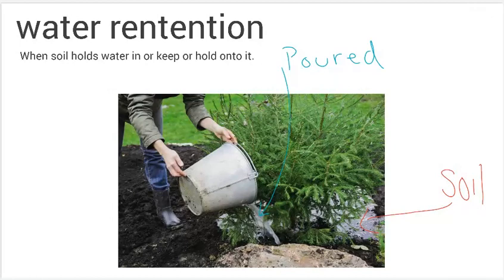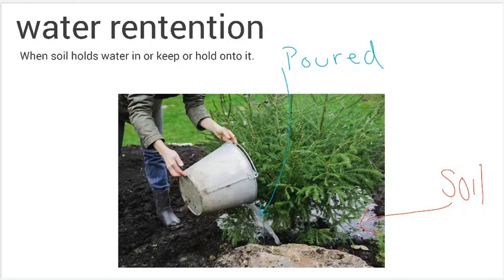And part of nutrient-rich soil is to be able to have access to water. So if our soil is able to hold or keep that water, then it's able to better support the plants in that environment. So again, water retention is how much water the soil holds or keeps in.